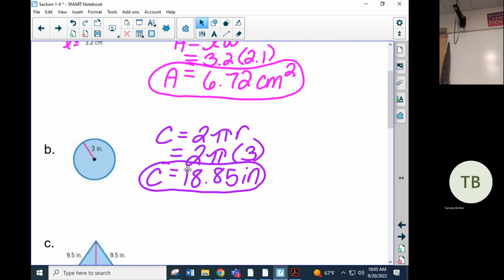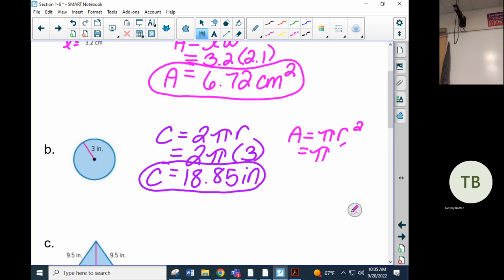Then when I go to the area formula, it's pi times your radius squared. So again, we'd use the pi key, and the radius on this is 3, and we'd square it, which by the way, I should show you where the pi key is on this, in case you use this one. And this one is actually just the 4th one down.